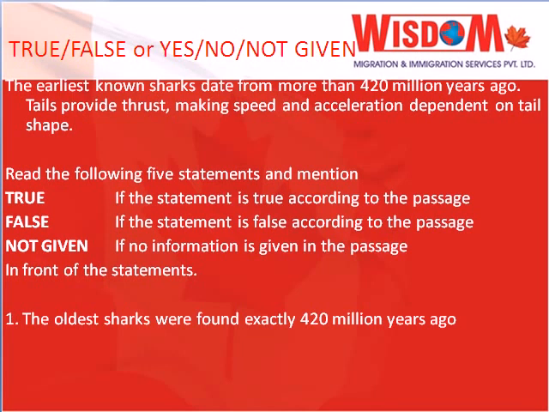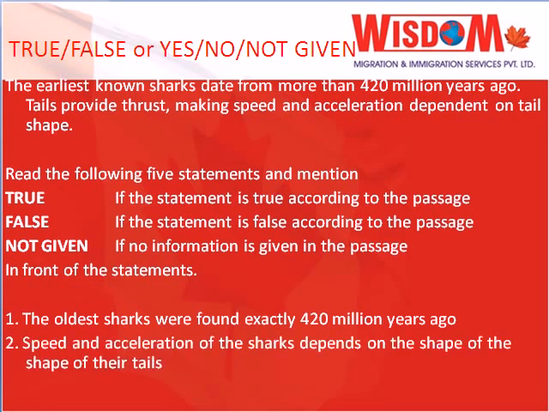Now the text clearly mentions that the earliest known sharks date from more than 420 million years ago. So clearly the first statement is false. The second statement says speed and acceleration of the sharks depends on the shape of their tails. So it is clearly given that tails provide thrust, making speed and acceleration dependent on the shape of the tail.